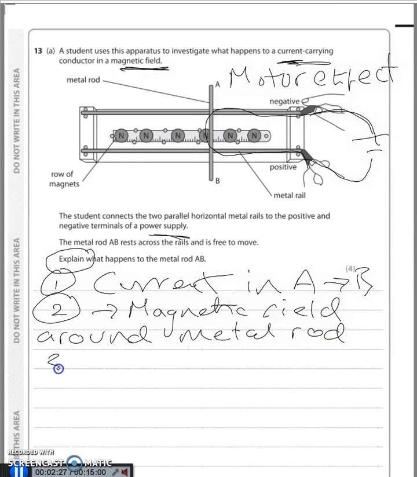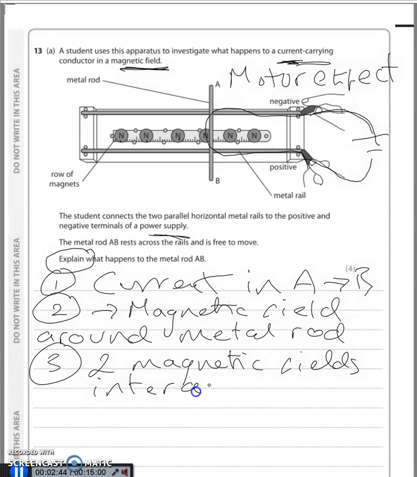So you end up with 2 magnetic fields. You have the one that's caused by this row of magnets, and you also have the magnetic field that's going round A and B. So you've got 2 magnetic fields, and they interact. And that's the whole basis of the motor effect, that you have 2 rival magnetic fields, if you like, that then interact with each other. And this interaction produces a force.